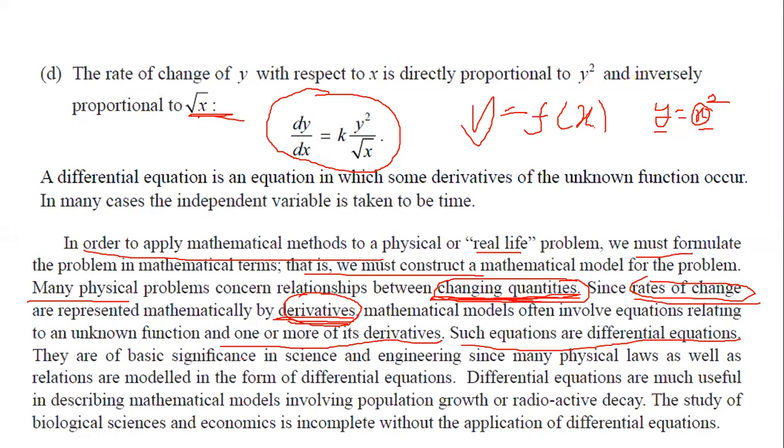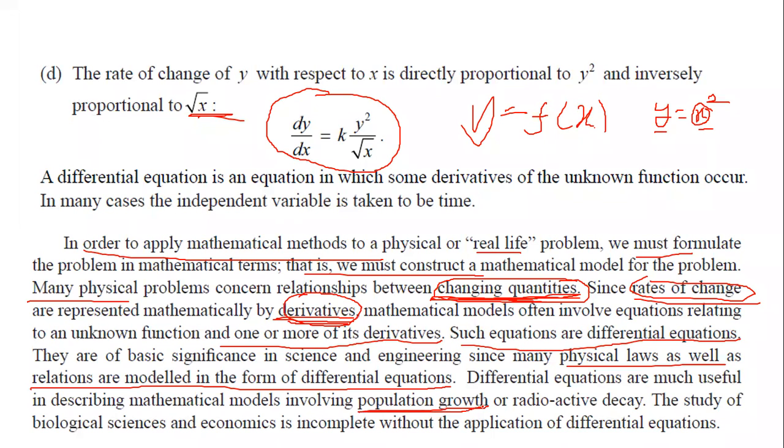They have basic significance in science and engineering, since many physical laws as well as relations are modeled in the form of differential equations. So differential equations are very useful in describing mathematical models involving population growth, changing quantities. So what is the important term here? Changing quantities, population growth.